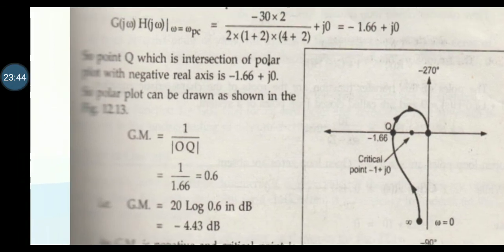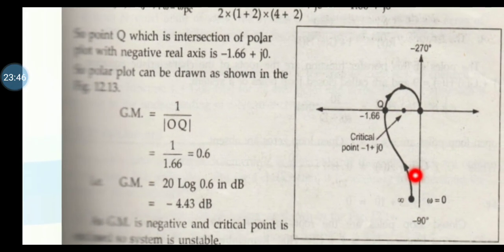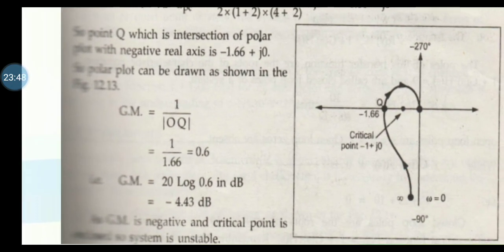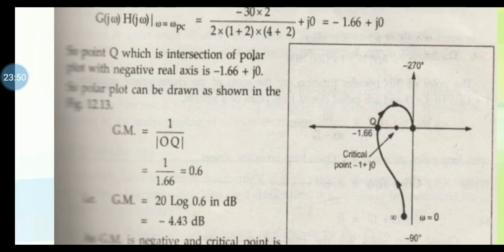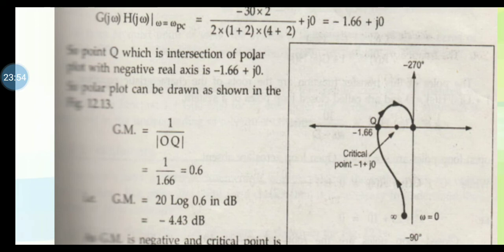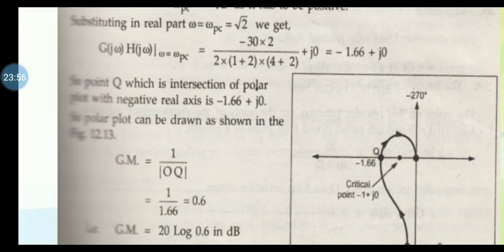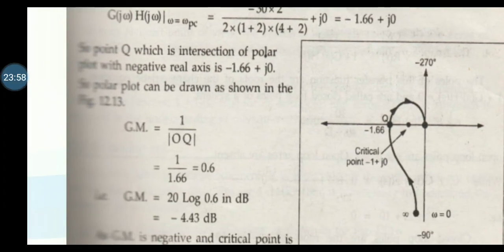Starting point omega 0 has magnitude infinity and angle minus 90. When omega is infinity, the magnitude is 0 and the angle is minus 270. So the total rotation of the plot is minus 180 degrees.